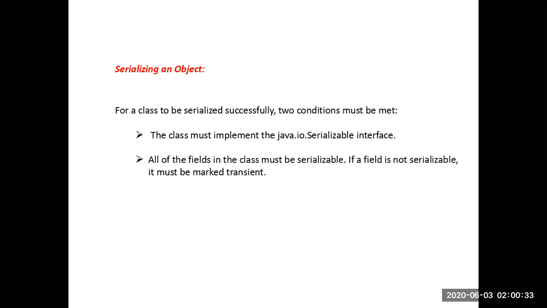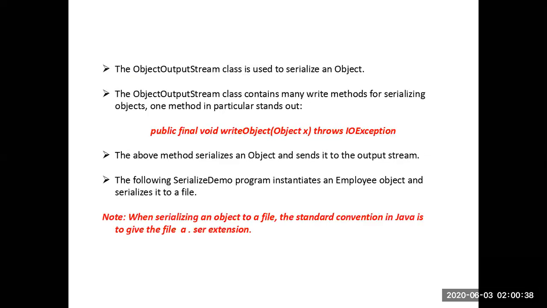Now we will come to an example program to understand this. Before that, as I already told you, for serializing an object we take help of a class called ObjectOutputStream. Inside this ObjectOutputStream class, there is a particular method called the writeObject method.